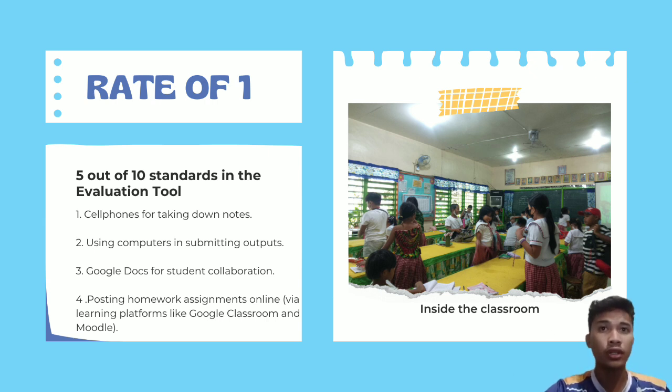And posting homework assignments online via learning platforms like Google Classroom and Moodle is also rated 1. Just like in standard number 4, the teacher never used these applications; otherwise she uses traditional methods such as passing students' assignments directly or physically to the teacher.